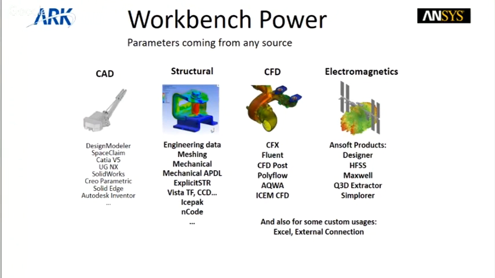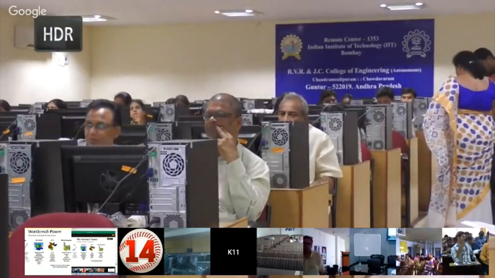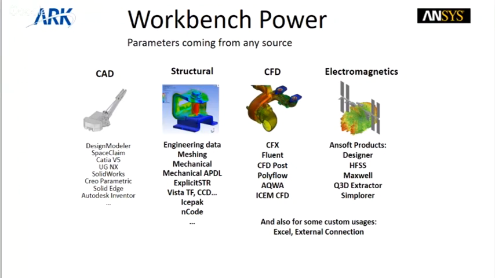By using Workbench, we can get parameters from many sources. For example, we can build up the parameters or extract them for our study from 3D CAD design. We can also get parameters from mechanical structural analysis, from CFD flow analysis, and from electromagnetics.